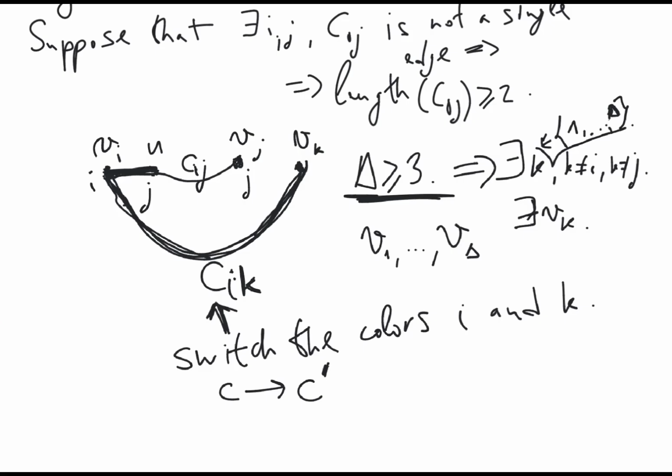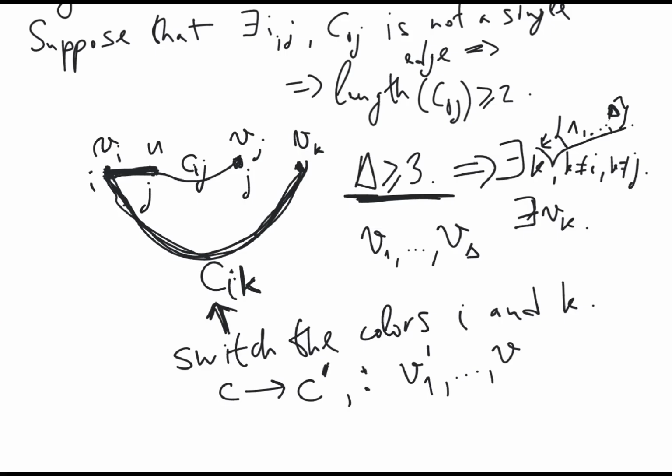Recall that vi is defined based on the coloring, for a fixed coloring. So for the new coloring, we denote all these vertices and paths with a prime. So we now have the vertices v1 prime and so on.